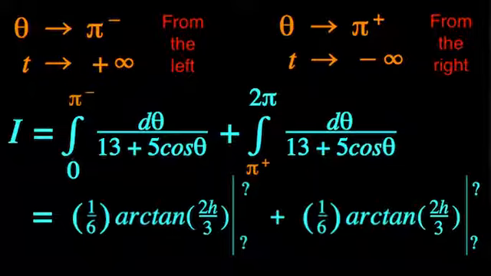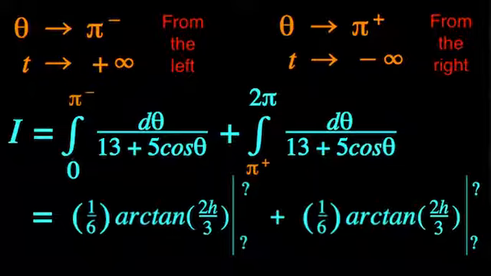The two integrals for d theta are approaching pi from different sides. And that should be obvious to anyone taking Calc 2. But here it's critical because of the implications for the variable t.